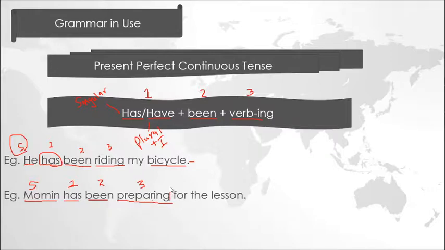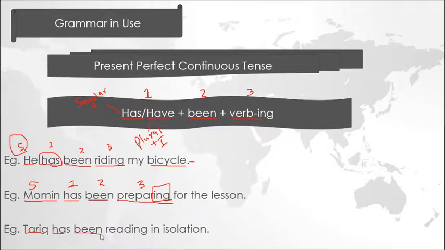So this is the present perfect continuous tense. The third is Tariq has been reading in isolation. The same structure with a different but still singular subject. This is the first component, this is the second component, and this is the third component.